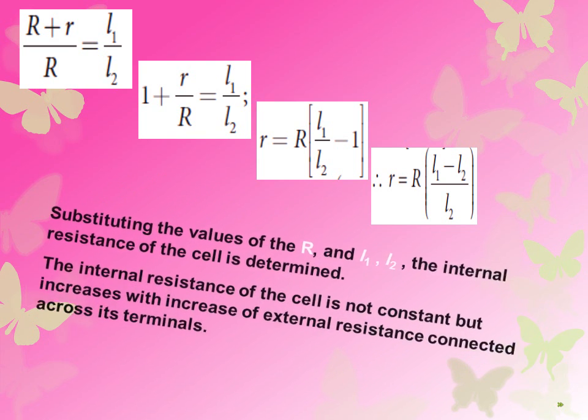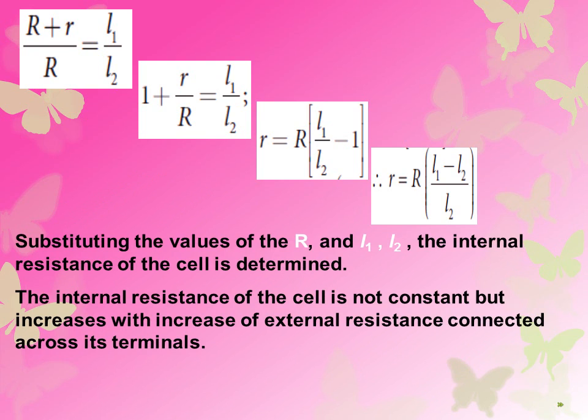The 1 goes to this side as minus. Now r is equal to R into L1 minus L2 divided by L2. I think you know about this LCM. And substituting the values of R, L1 and L2, the internal resistance of the cell is determined, because we know what the resistance in the external circuit is.